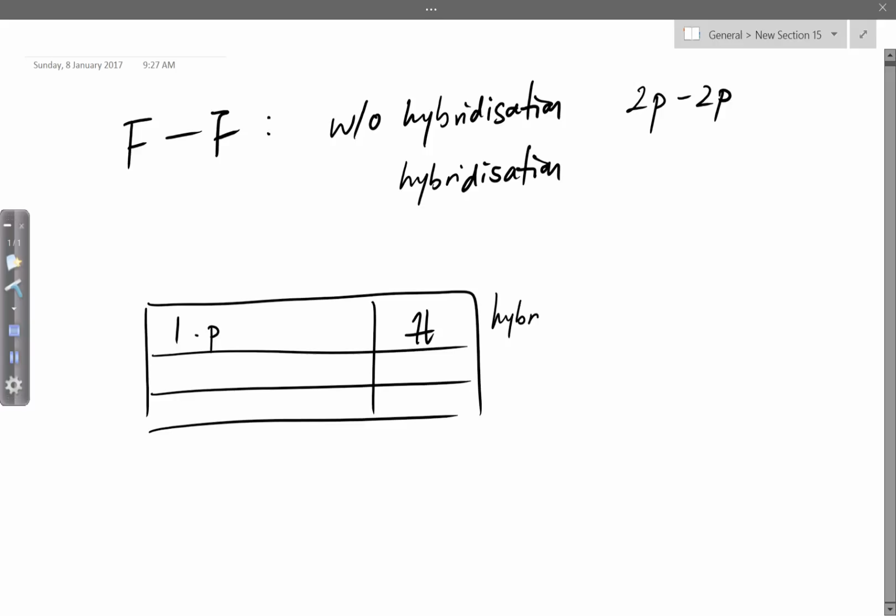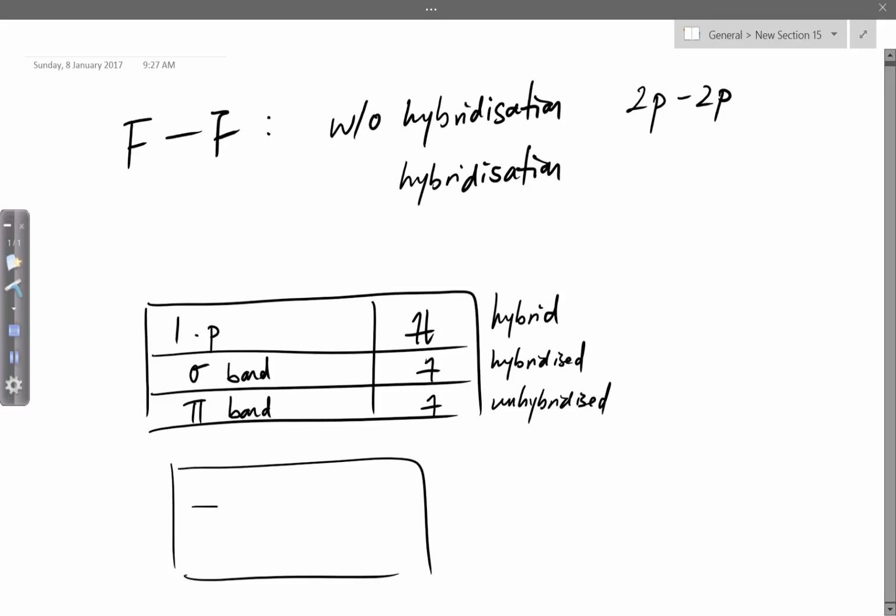As long as I have a sigma bond, I'll have one hybridized orbital like this. And as long as I have one pi bond, I will have an orbital like this, but it's unhybridized. And afterwards, I have another table which tells you that you just have to count in total how many hybridized orbitals I have.